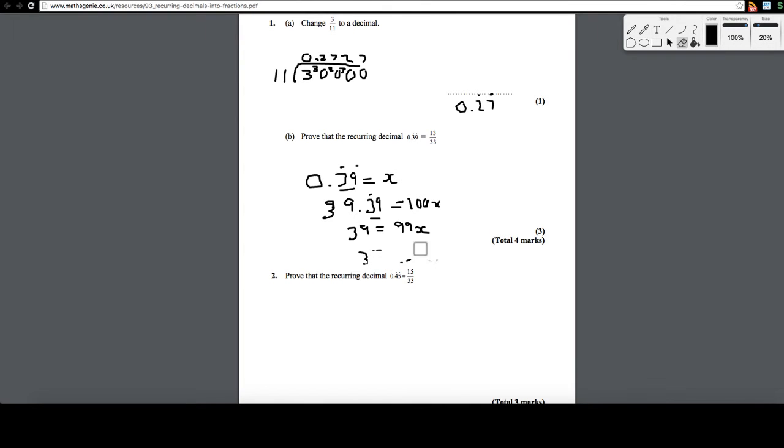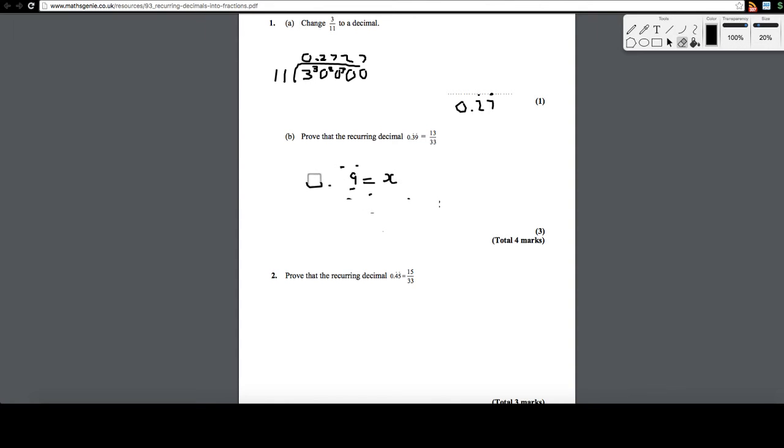0.45 recurring again is x, and so 45.45 recurring will be 100x. To take away the 0.45, as we know that's x, you'll be left with 45 equals 99x. That will give you 45 over 99 equals x.